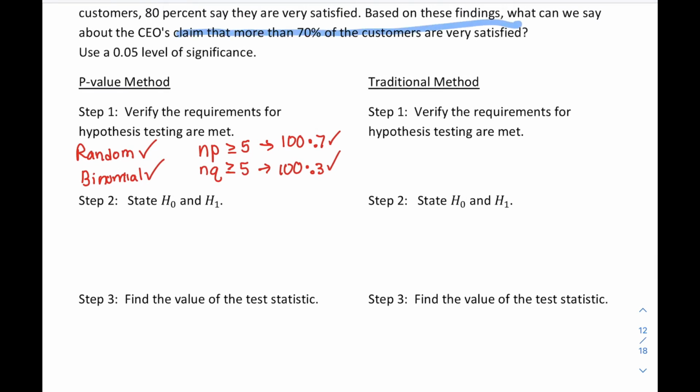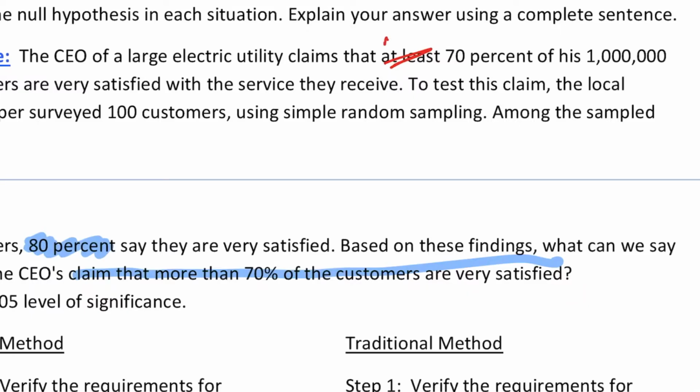Okay, so to state our null and alternative hypothesis, first let's write out our claim symbolically. It's p is greater than 0.7, and then our other situation is p is less than or equal to 0.7. And I'm going to flash back up here for a second because I realize it's kind of conflicting.